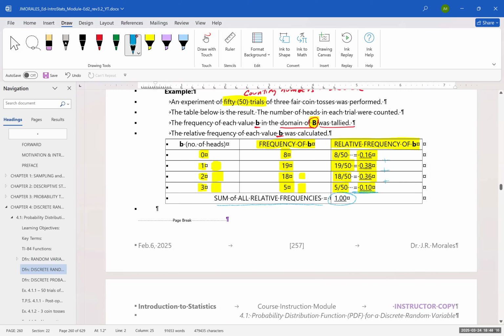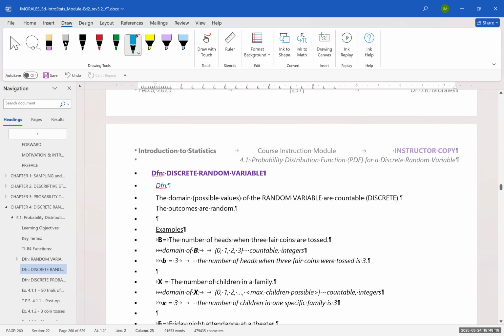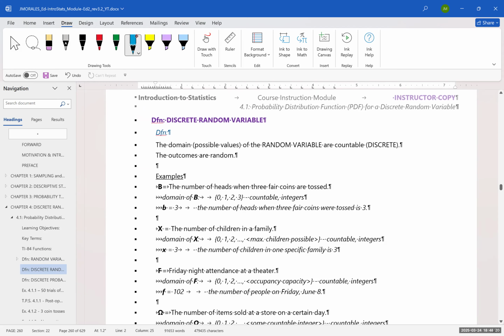All right. So let's keep going. This leads us to the definition of a discrete random variable. For a discrete random variable, the domain of the random variable is countable, meaning it's discrete, and the outcomes are random.